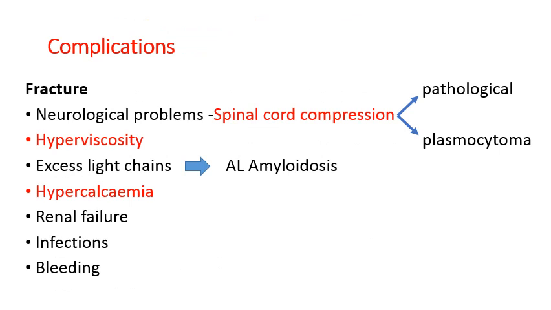Now, I don't have to tell you the complications. You can work out the complications since you know the pathophysiology. They can cause fractures, they can cause neurological problems either because of plasmacytoma or pathological fractures, and they can cause hyperviscosity symptoms, problems due to amyloidosis, hypercalcemia, renal failure, infections, bleeding or anemia.